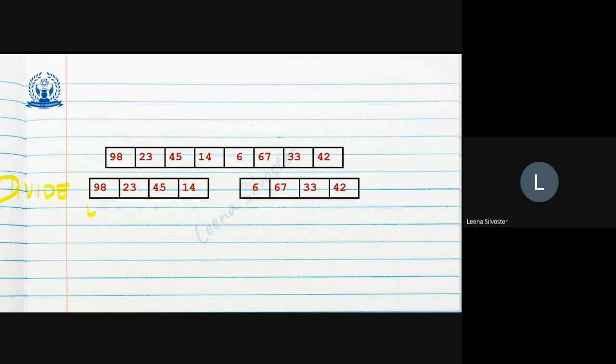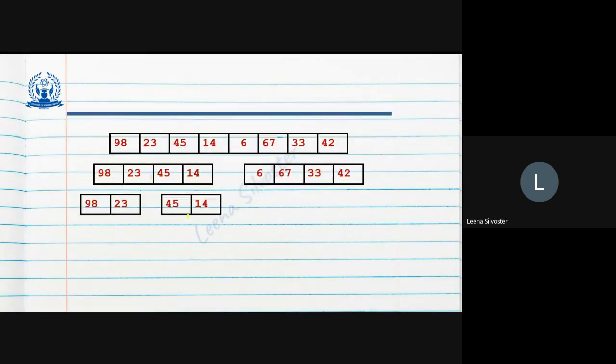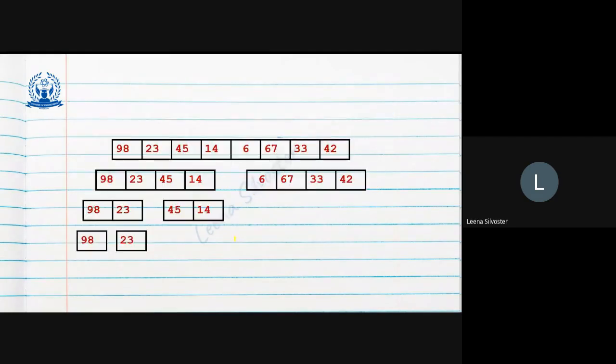After that, we will solve these smaller sets separately. Each smaller set has 4 elements. Again, we can divide this smaller set into sets of 2 elements. So again, this smaller set is divided into 2. This one can also be divided into 2.